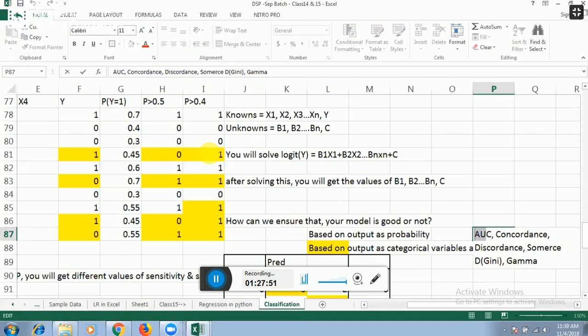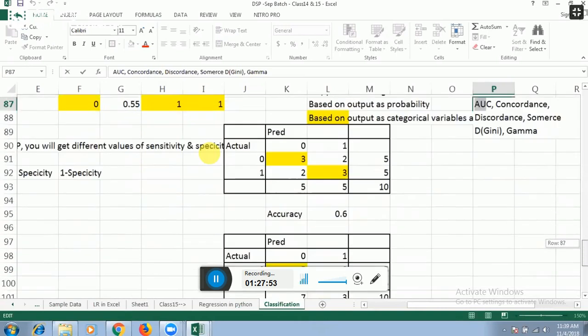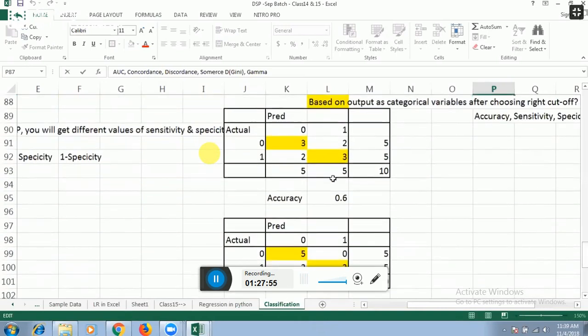The reason for that is I want to see that, of course, the ROC curve can help me in two ways. One is to identify the best cutoff, and the second is whether my model is good or not. Ideally, when can you say that my model is good? With a low 1 minus specificity and high sensitivity.